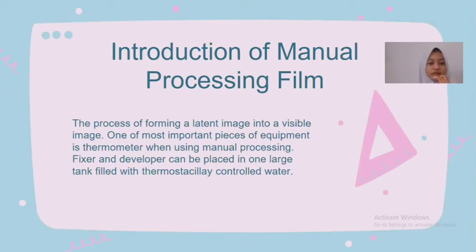One of the most important pieces of equipment is the thermometer when using manual processing. Fixer and developer can be placed in one large tank filled with thermostatically controlled water, and it is a method that is used to develop, rinse, fix, wash, and dry.